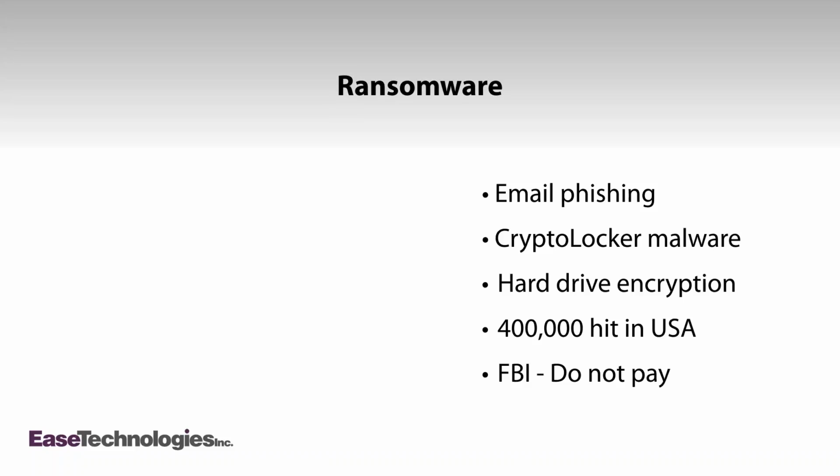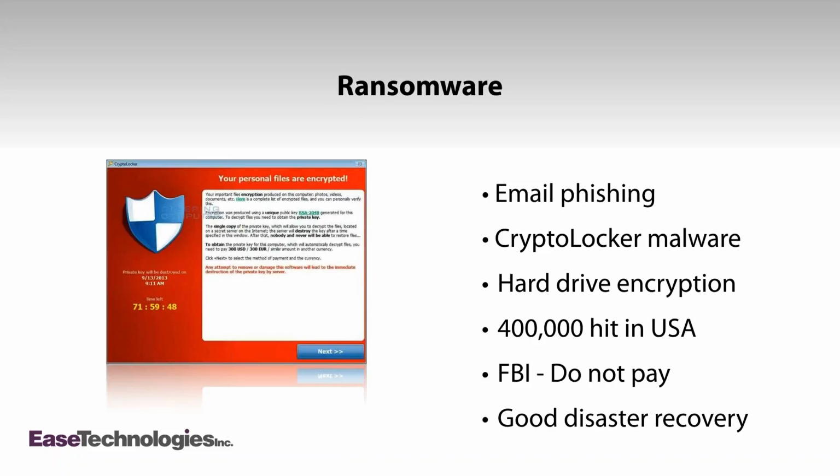I've heard a couple different terms used for it, but it basically pops up a message on the screen that your hard drive is encrypted and you need to pay a ransom in order to get your personal files back. You're encrypting your entire hard drive, so the person can't get to anything, can't do anything on their computer unless they supposedly follow this advice.